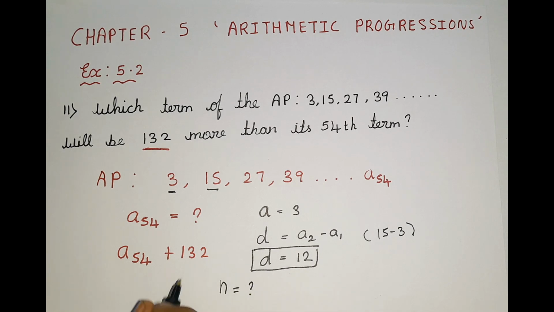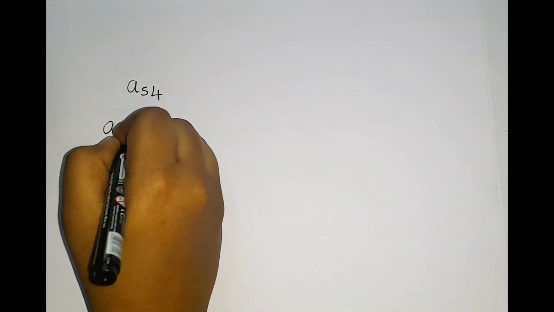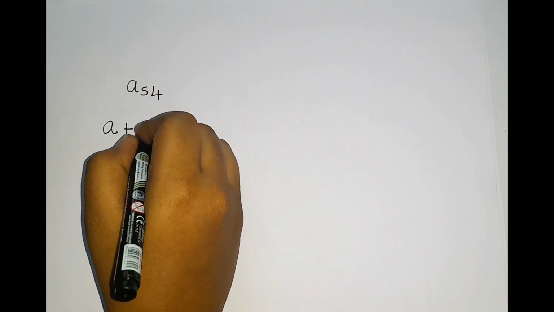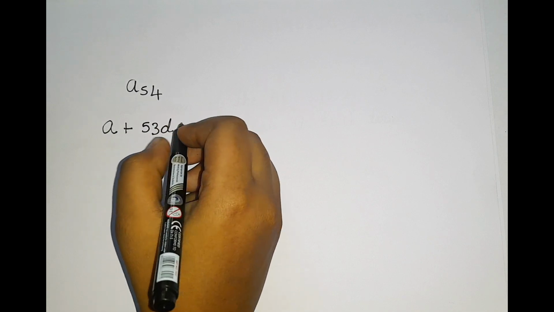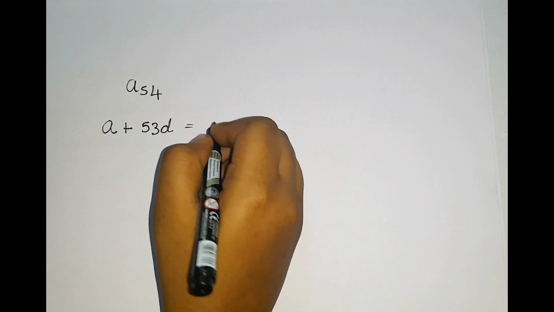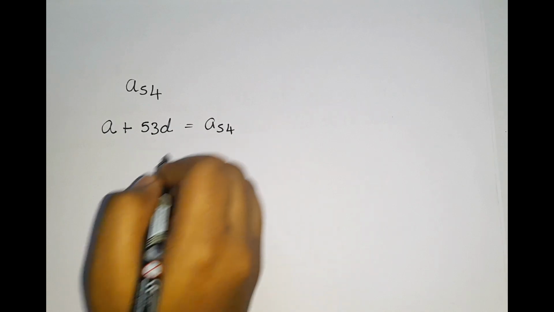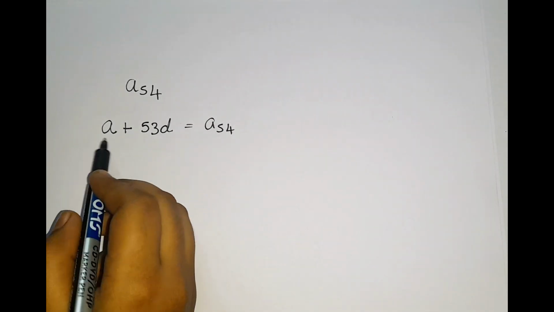First of all let us write A54. We are going to apply one formula. Of course you guys know that formula. A54 we can write as A plus, the previous number of 54 is 53, so 53D, is equal to A54. Do you know the A value?